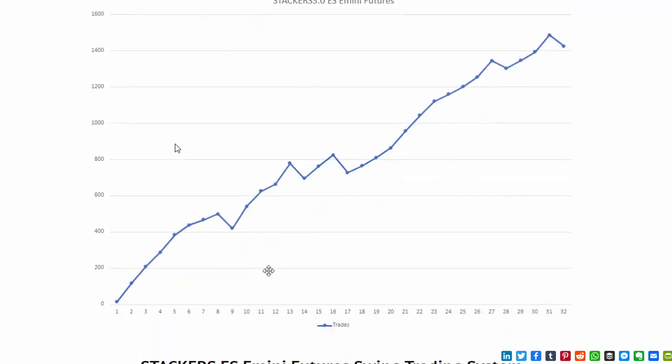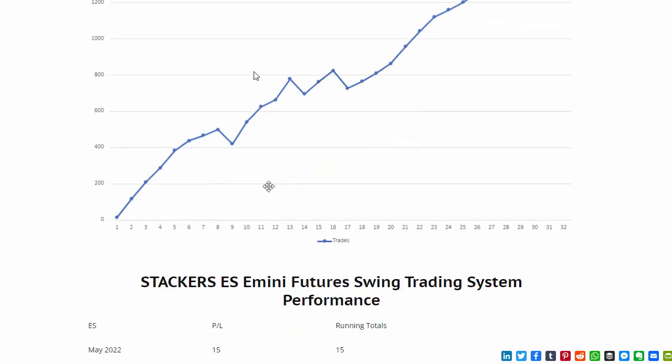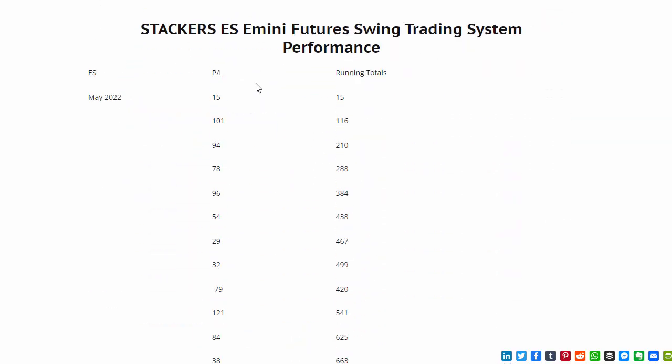So here's a graph showing progression of profit. These are taking all the trades according to the system rules, all right? So this is what you're buying. You're buying this system with these rules, and here are all of those trades, as you can see in progression on the price chart.